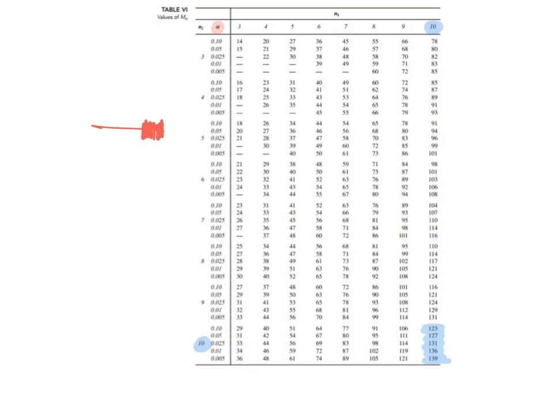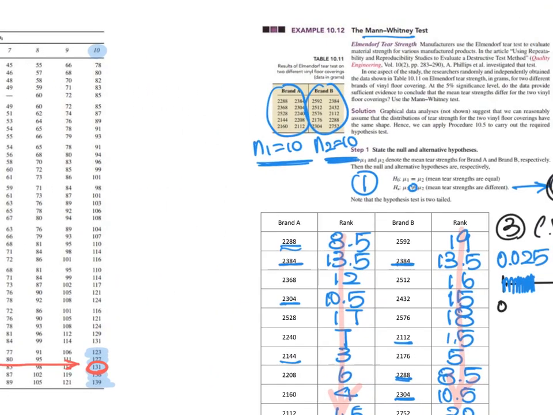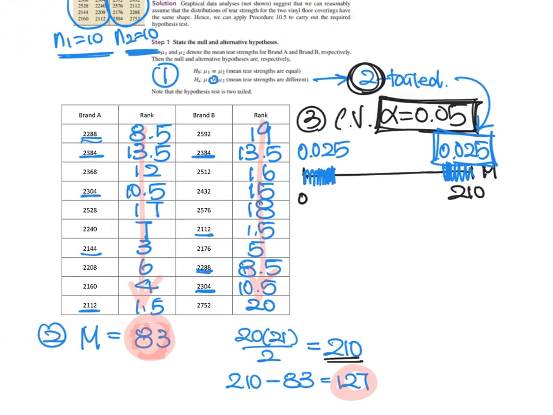So now we need alpha over 2. Okay, so I have to go to 0.025, and the critical value will be 131. So let me go back to here. The right limit is 131.